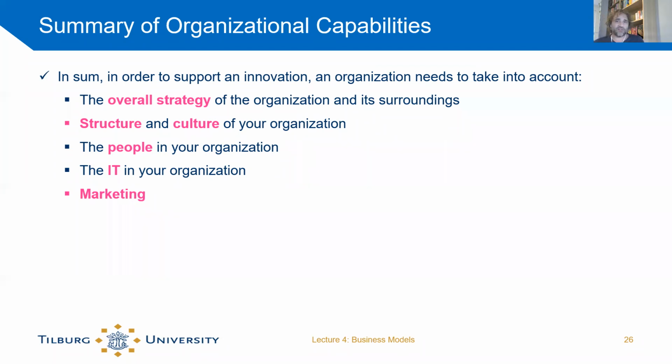You need to take care of the information technology in your organization, and of course of the marketing. And it's no coincidence that exactly these 4 things, except marketing, because there are other courses for that, but these 4 things, strategy, structure, culture, people, and IT, are the topics of the next lecture.